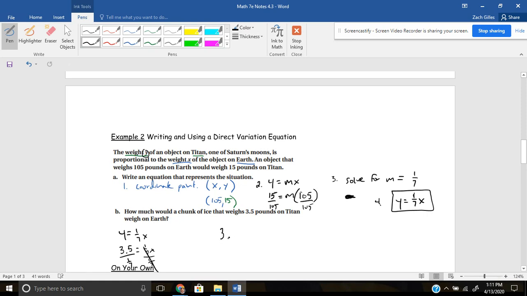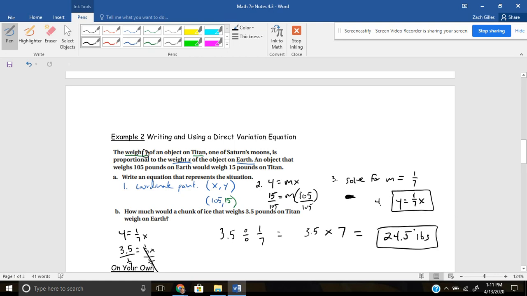So 3.5 divided by 1/7 is the same as 3.5 times 7/1, or 7, and 7 times 3.5 would give me 24.5, and in this case the weight would be pounds, so lbs.